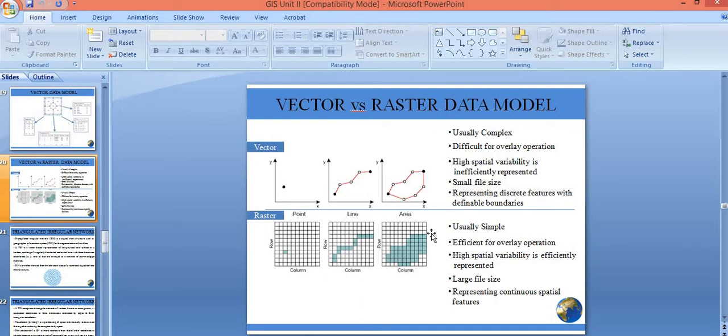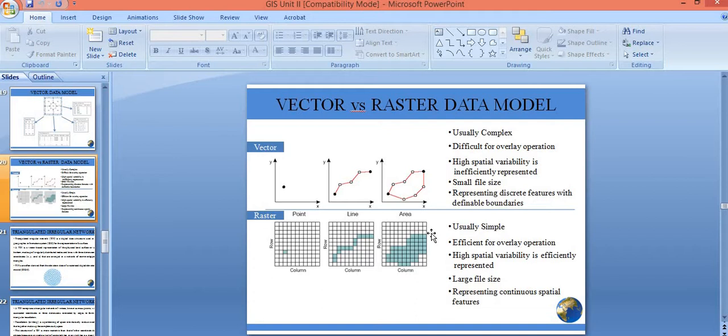What about raster? It is very simple actually. Since you are using only a set of grids, it is very simple. It is very efficient for performing the overlay operation. High spatial variability is efficiently expressed, but the file size is very large, and we can go with a raster data model for representing continual spatial information.